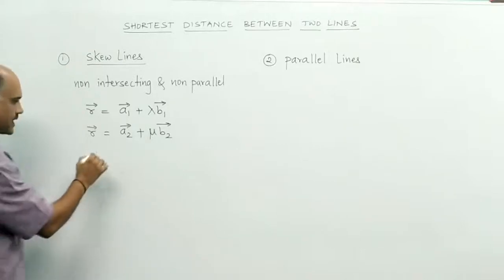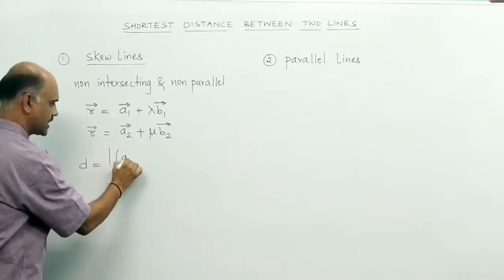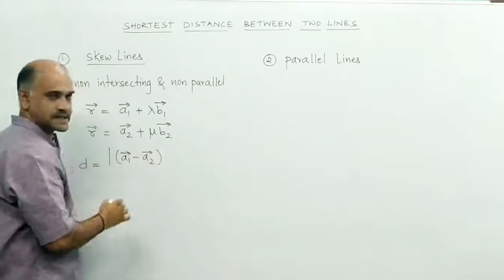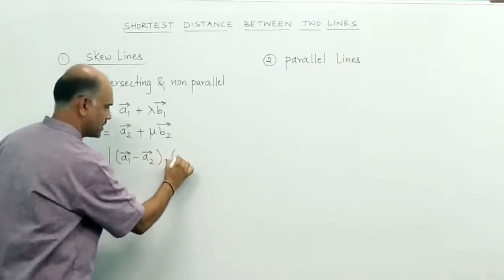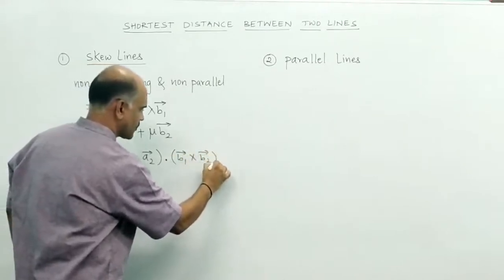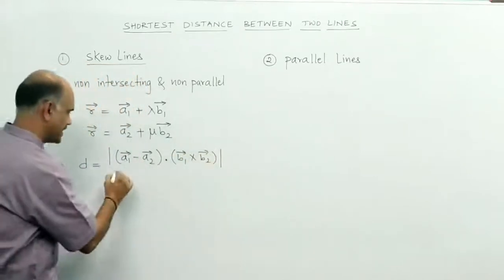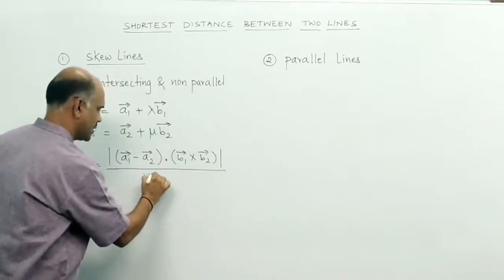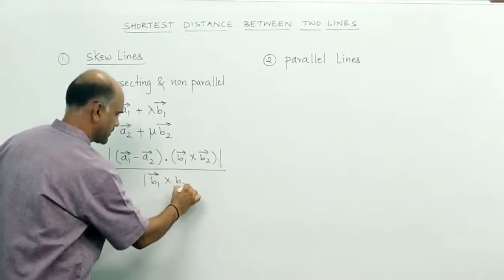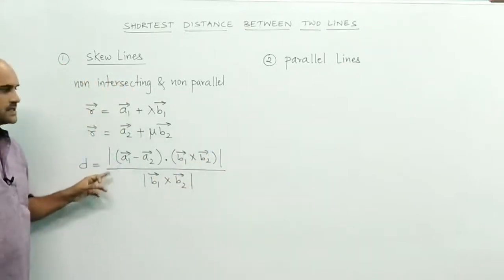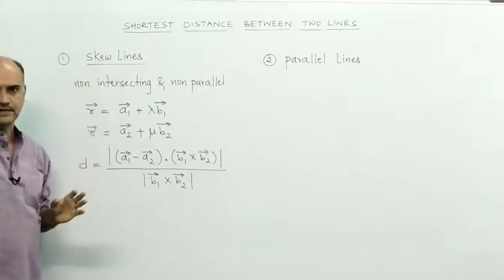It is given by mod of a1 minus a2 dot b1 cross b2, divided by mod of b1 cross b2. So this is the formula for shortest distance between two skew lines.